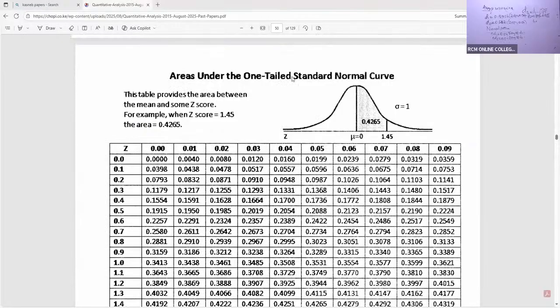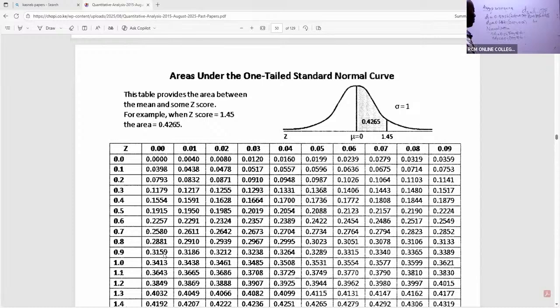Like there is this normal table, you can see it here: one tail, standard normal curve. So we start with D1. D1, ladies and gentlemen, is 0.90. So 0.90 is here, and you can see the entry is 0.3159.